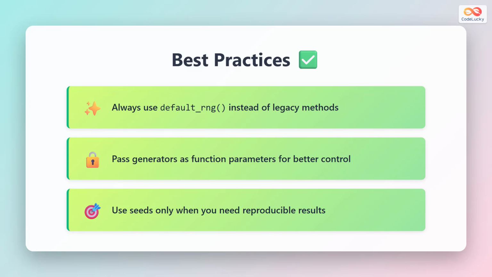This makes your functions more testable and predictable. Third, use seeds only when you need reproducible results, such as in testing, debugging, or when sharing research code. For production applications where true randomness is desired, let the system generate its own seed. Following these practices will make your code cleaner, more maintainable, and more reliable.